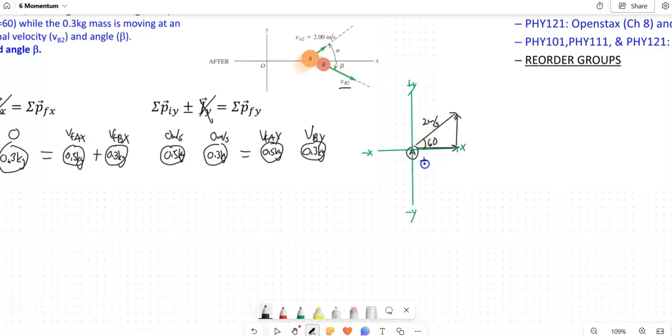So V final A X is positive 2 meters per second cosine of 60 degrees, and V final A Y is positive 2 meters per second sine of 60 degrees.